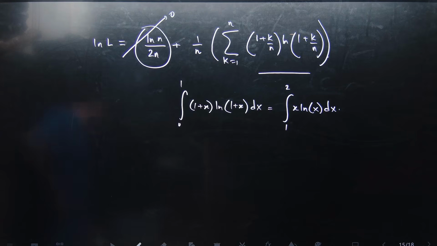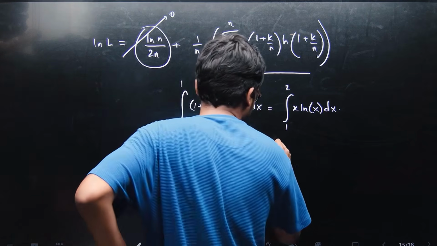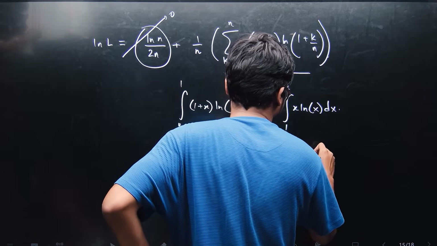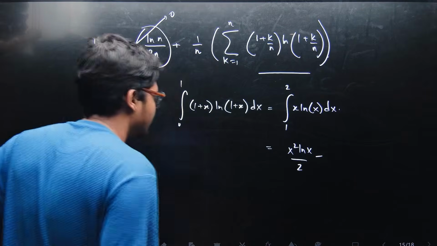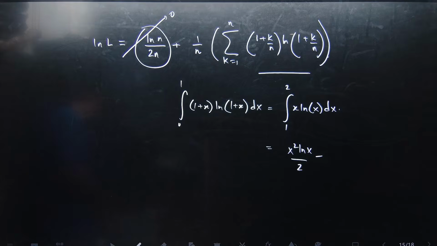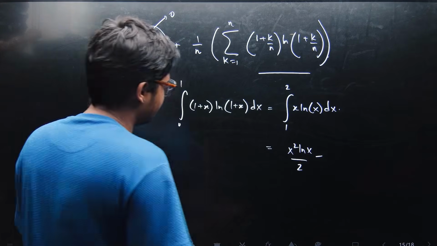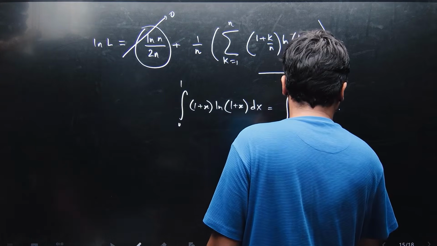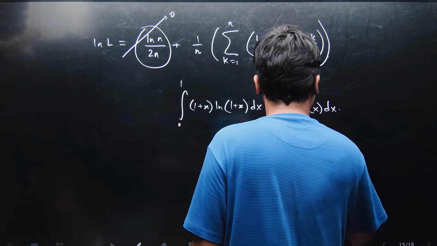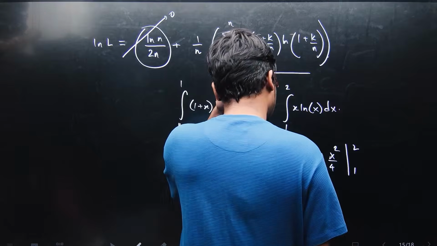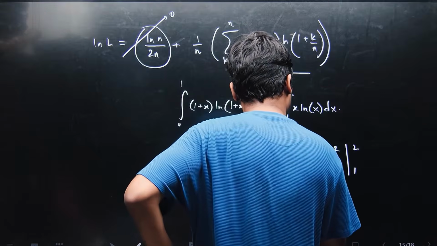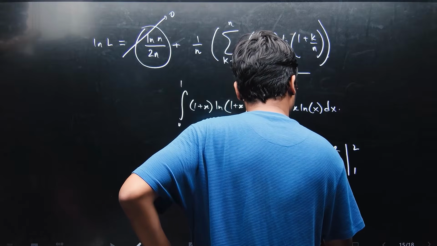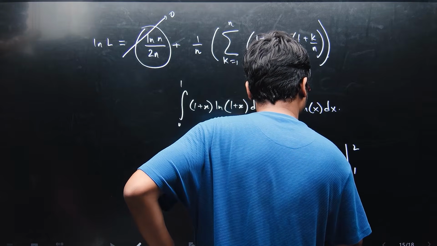So x square ln x by 2 minus, the second term should be what? x square by 4, right? So this in between 1 and 2. So that will give me what?